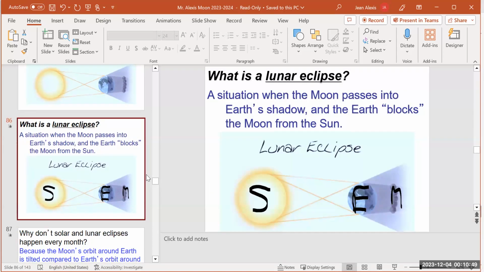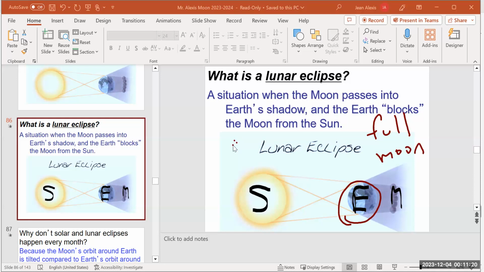All right, lunar eclipse, boom. A lunar eclipse is when the Earth is in between the moon and the sun. So I have to pick a moon position where the Earth is in between the moon and the sun. And we also know that this occurs during a full moon.